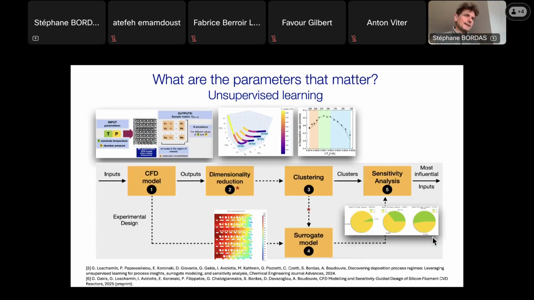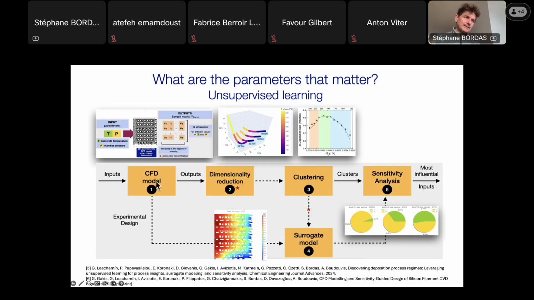Okay, so now what are the parameters that matter? The way we do that is using the following approach, and this is done really all the time for a lot of processes. So first of all, you have inputs, which are the shape and the pressure, velocity, chemical composition of the vapor.